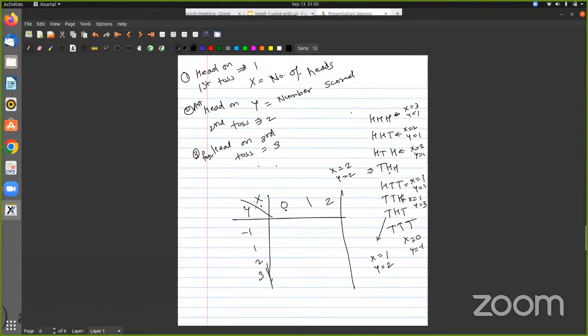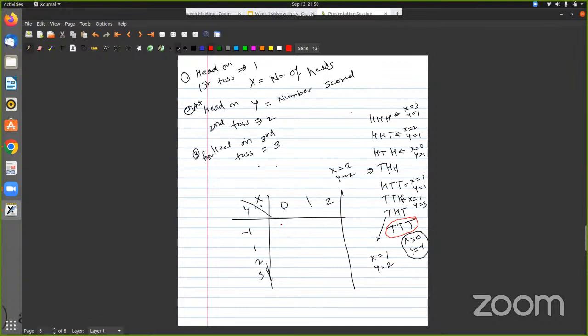So that means x equals to 0 and y equals to minus 1, right? 1 by 8. When will this happen? Only in this case, when TTT is there. So there is one outcome out of the total 8 outcomes.